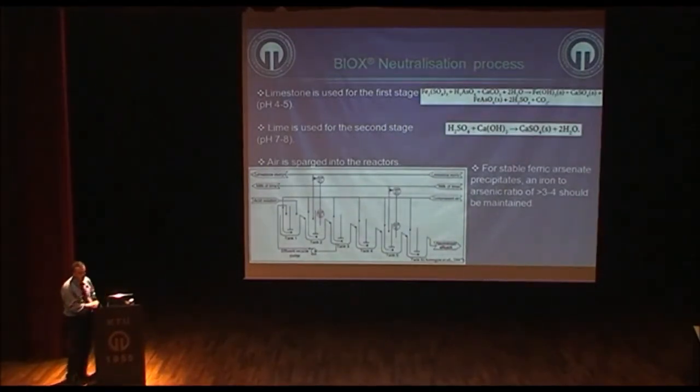And for this reaction to be effective, the ferric to arsenic ratio is important and should be maintained at more than 3 for stable arsenic precipitates. In the second stage, lime is used to increase the pH to 7 or 8. And air is continuously sparged, as you see here.